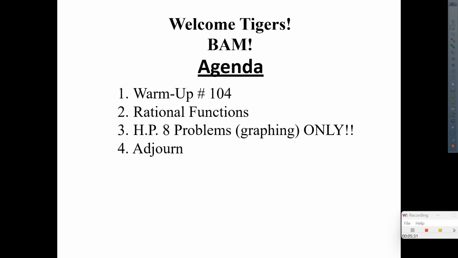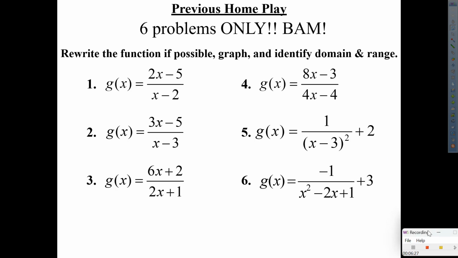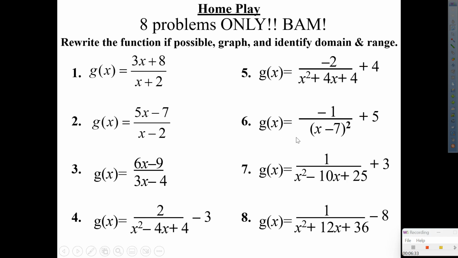All right? So, with that said, however, we did have 6 problems for home plate. Turn those in on Canvas, please, right now. Those 6 on the screen. And tonight's home plate is only 8 problems. They are on the screen. Take a picture of that with your phone or a screenshot, whatever is best.